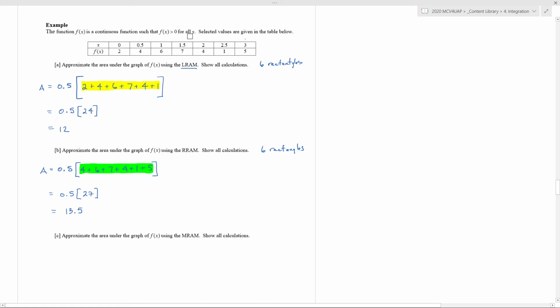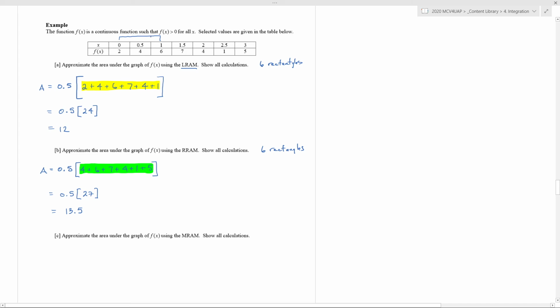Because we're being asked to do a midpoint with the given data, we have no choice but to do this kind of thing. We're going to use 0 to 1 as the first partition, then 1 to 2 as the second partition, and then 2 to 3 as the third partition.